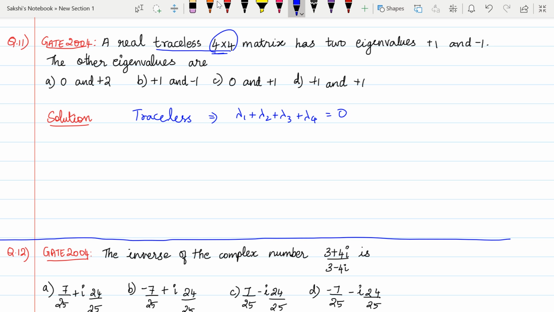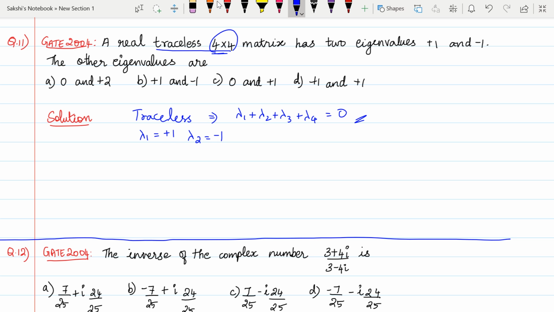So I have taken 4 eigenvalues here because we have given in the question a 4 cross 4 matrix. Okay, so we have already given lambda 1 and lambda 2 to be plus 1 and minus 1. So lambda 1 is equal to plus 1, lambda 2 is equal to minus 1. So now you have to choose from the options and see which satisfies this particular equation.